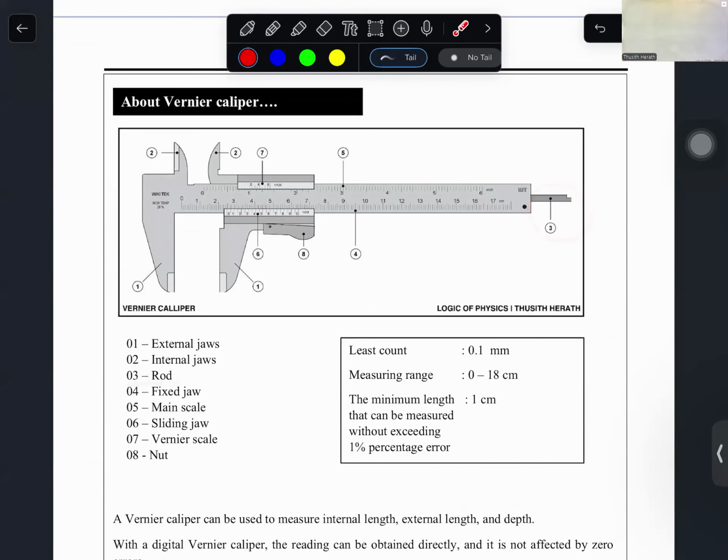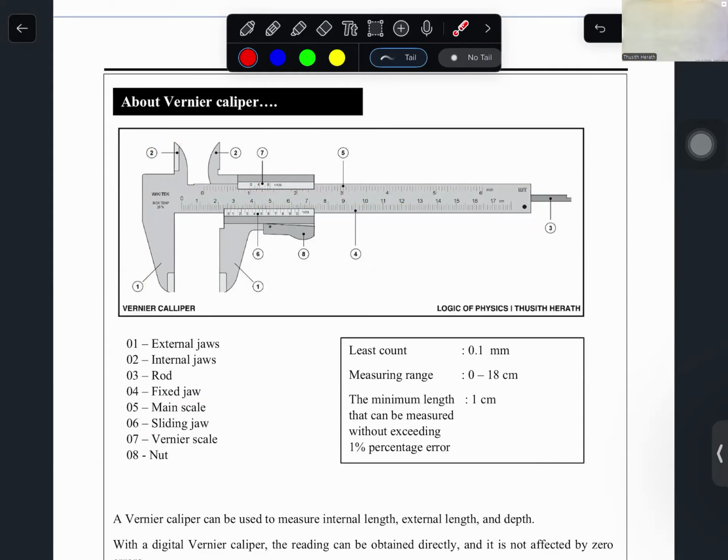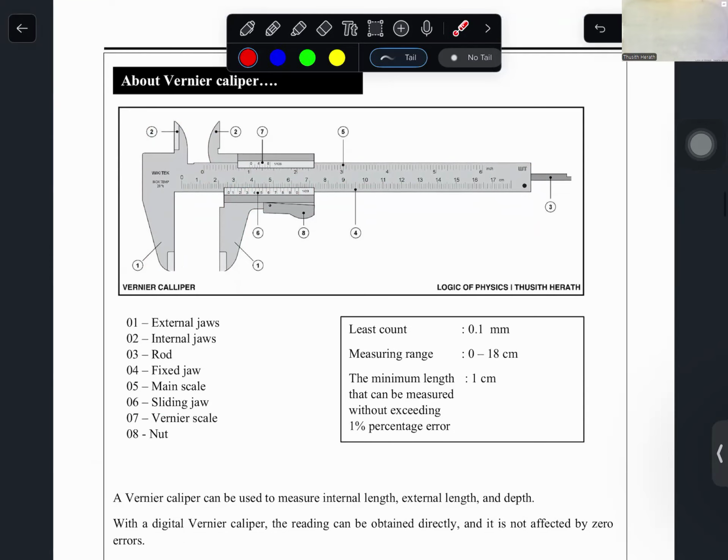And also again we can divide this into two as fixed jaw and the sliding jaw. So the fixed jaw means this part. This entire part is called the fixed jaw, right? That's why number 4 is the fixed jaw. This entire part is the sliding jaw. Sliding jaw means the jaw which is able to slide on the fixed jaw. So number 6 is entirely the sliding jaw. And if you go for the scales, very simple.